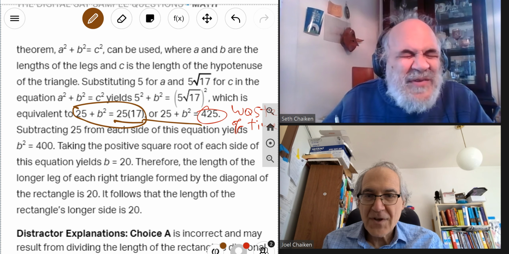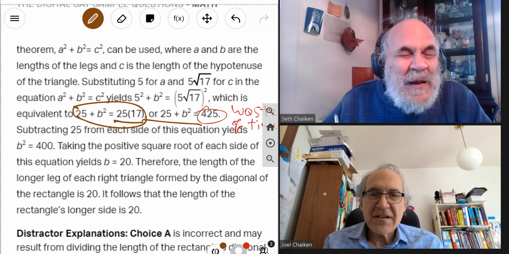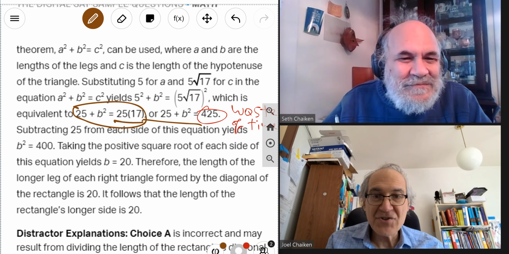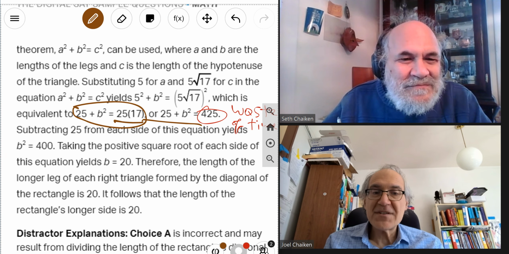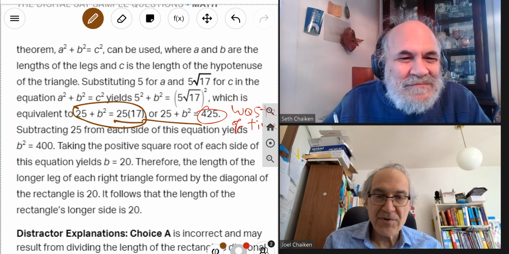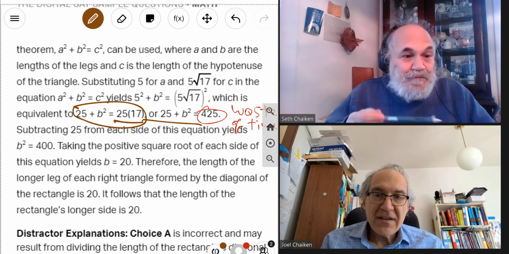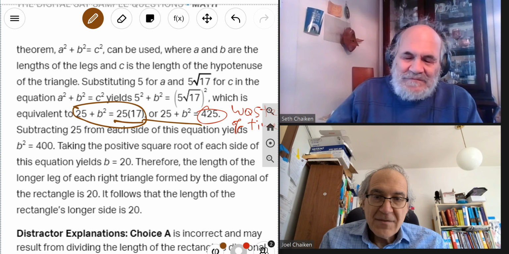The waste of time to calculate 425. But they're assuming everyone has a calculator. Oh, by the way, on this test I think you could bring your own calculator, but we'd better check. They definitely, this test is going to be on a computer, so they're going to give you a calculator on the computer. Okay, so this is done the traditional way, not the way Seth did it, where you do the clever factoring. That's completely expected.